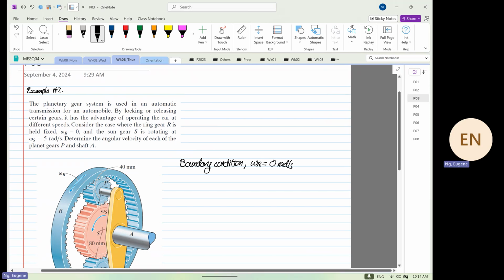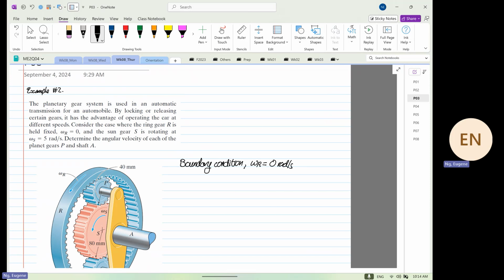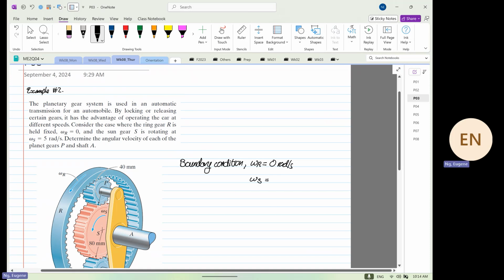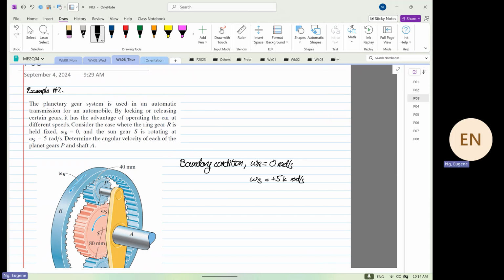And the sun is rotating at omega S equal to 5 radians per second anticlockwise, plus 5k radians per second. Determine the angular velocity of each of the planetary gear P.